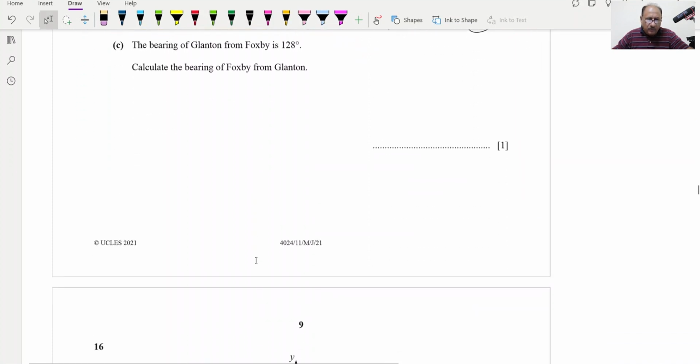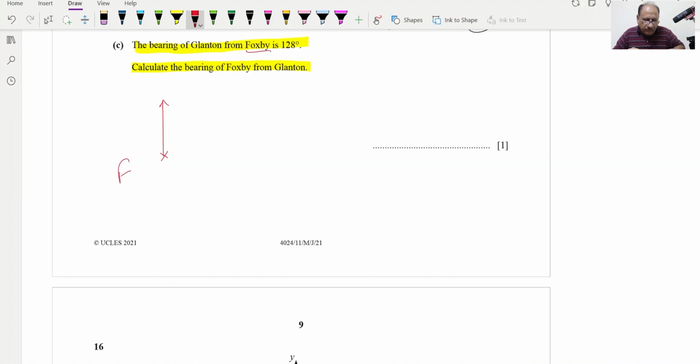Then the bearing of one city, Gallatin. The bearing of Gallatin from Fox Bay is 128. Calculate the bearing of this. So for example, we will take the north, and this is north, and this is one city, and this is Fox Bay.